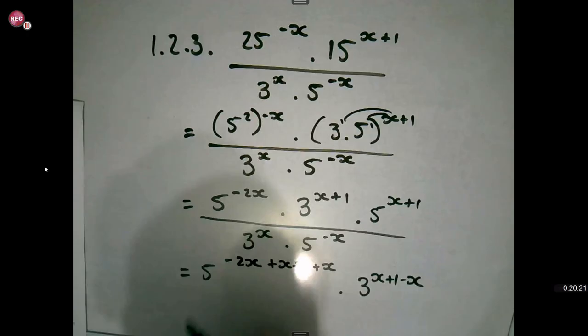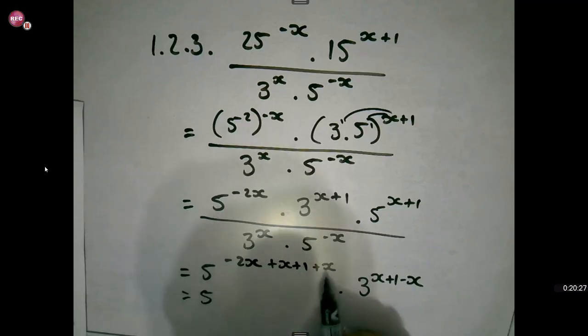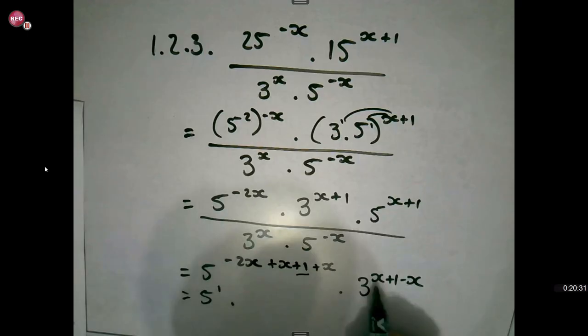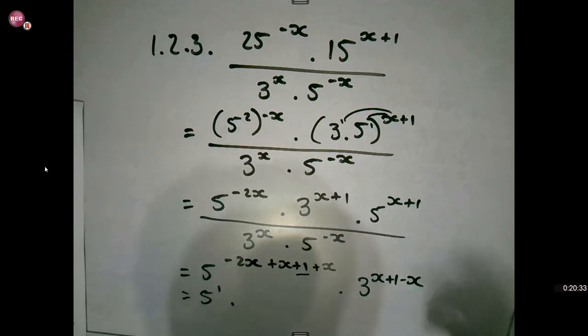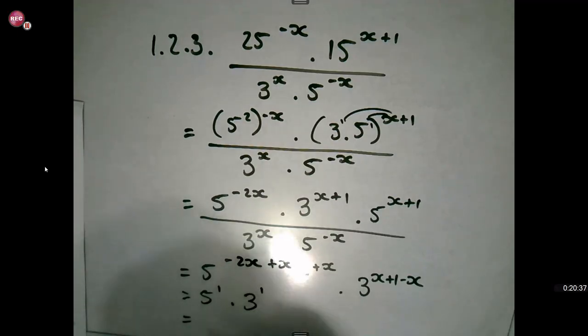So what you then do is, you write the base of 5, we then say negative 2 plus 1 is 0, so we've got 1 left. Then x minus x, 0. Then we've got 3 to the power of 1. If you multiply these two with one another, you get an answer of 15.